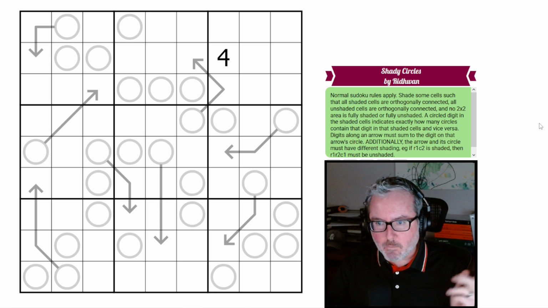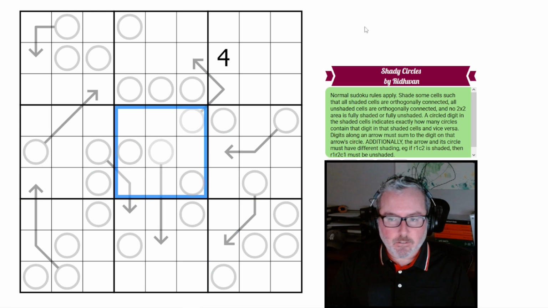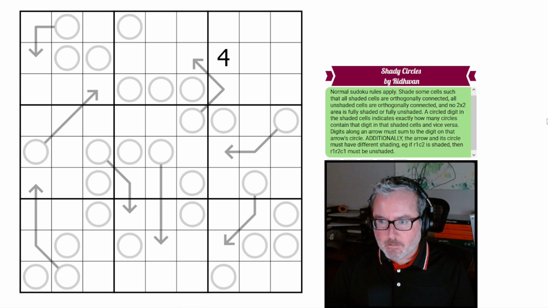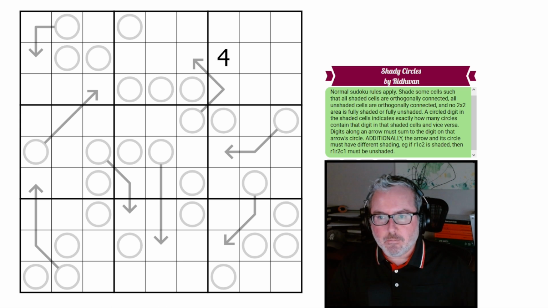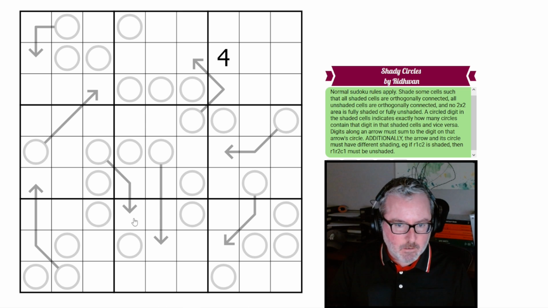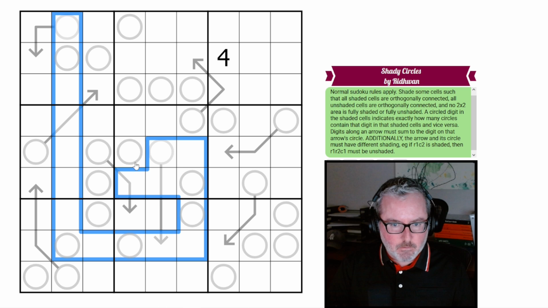So we've got normal Sudoku rules apply, so every row, every column, and every 3x3 box contain the digits 1 through 9 once each. We've got shade sum cells such that all shaded cells are orthogonally connected, all unshaded cells are orthogonally connected, and no 2x2 area is fully shaded or fully unshaded. So we have to create some grouping of cells.